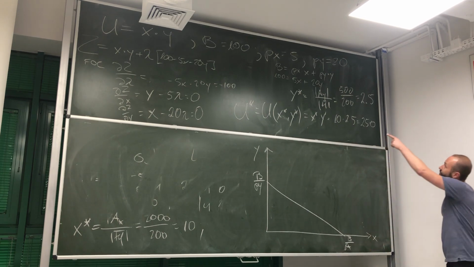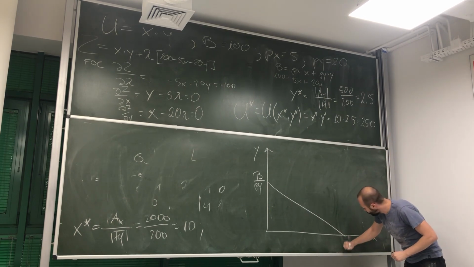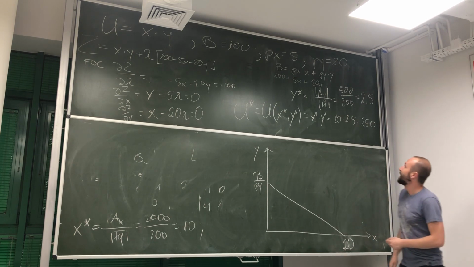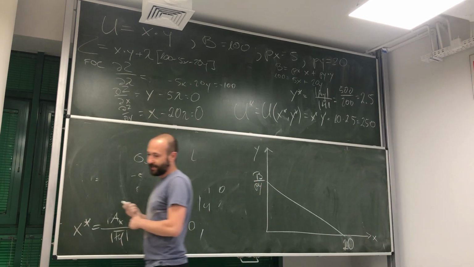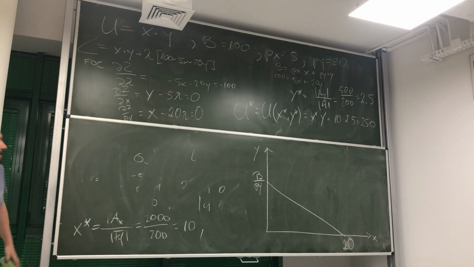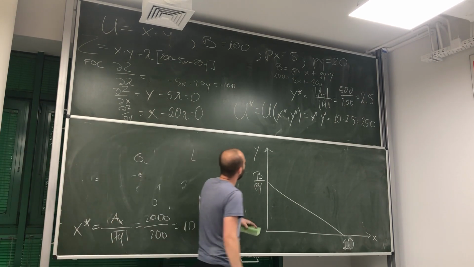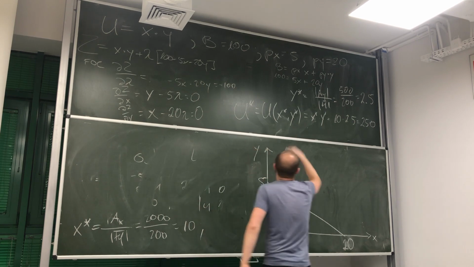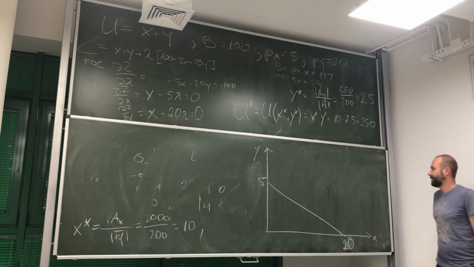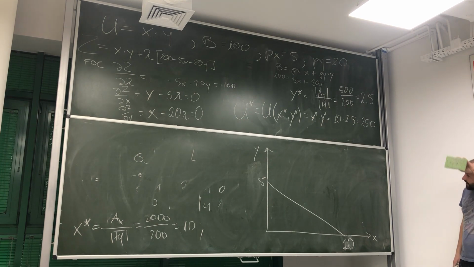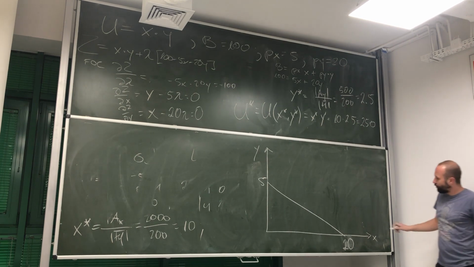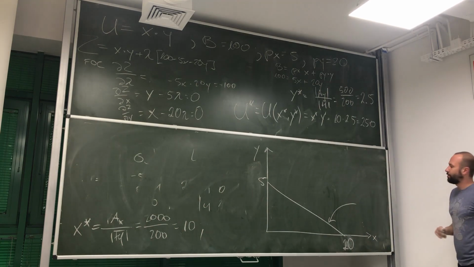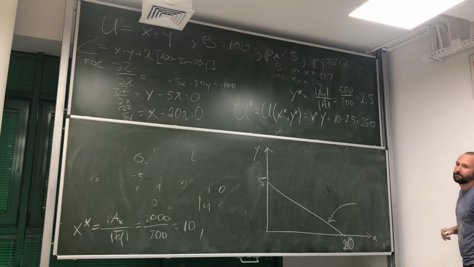B is 100 over px, which gives us 20, so at most we can buy 20 units of good x. On the other hand, we can buy only 5 units of good y, budget divided by the price of y. The next thing to point out is the slope of this line.